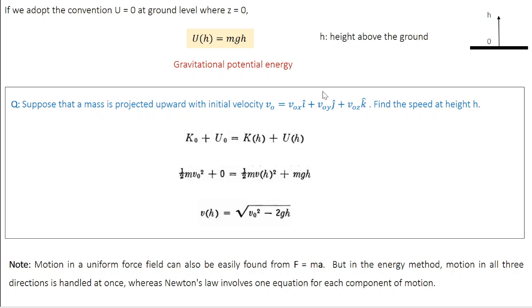So all three coordinates are combined in a single expression. On the other hand, if you were to solve the same problem using Newton's laws, you would have to write the equation of motion for each component. You have three components, three equations of motion, and then you have to solve them simultaneously. So by using the energy method, you can get rid of some of the mathematical difficulties in this case.